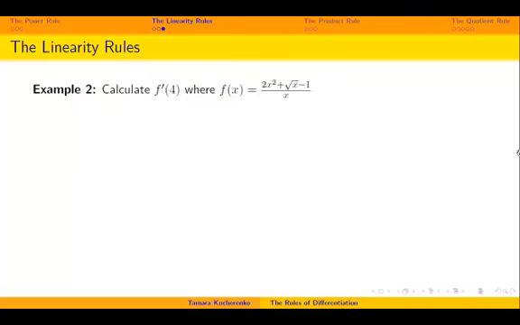The next example is to find f prime of 4, where f of x is 2x squared plus square root of x minus 1 divided by x. We need to find the derivative f prime of x first and then substitute 4 for x.